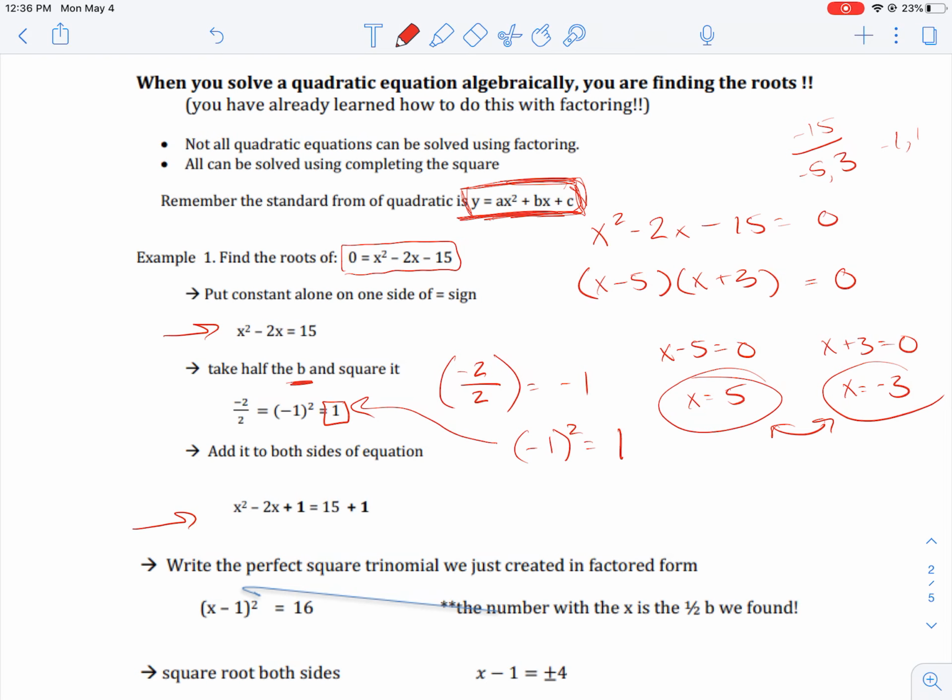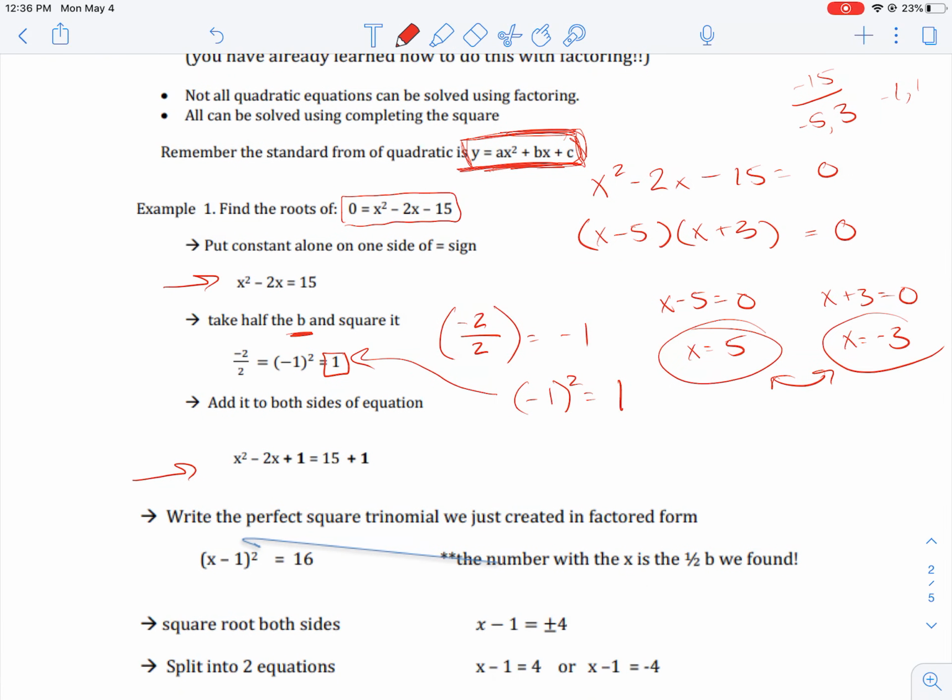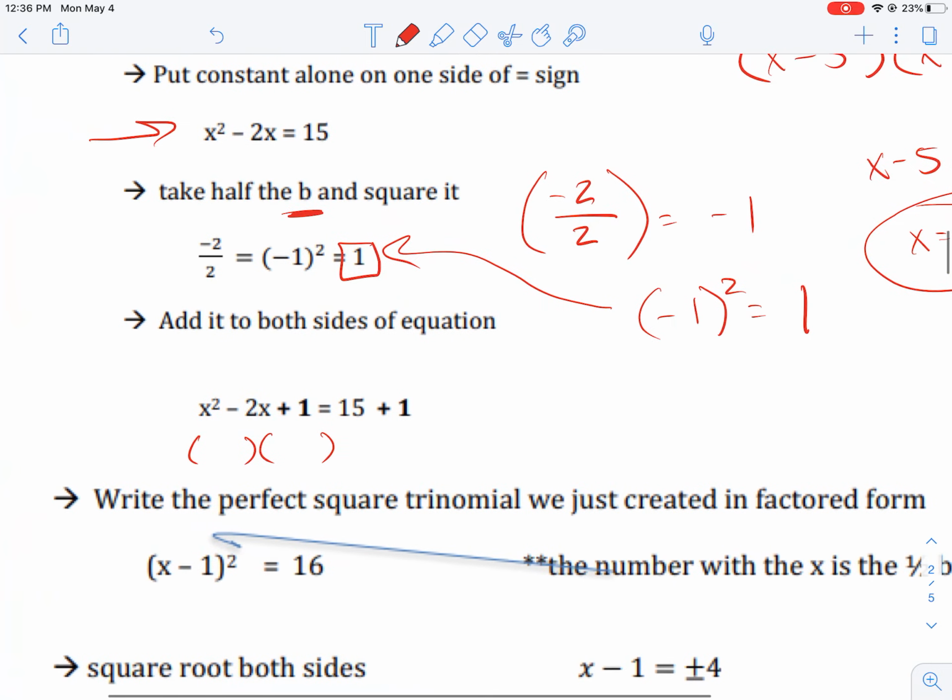Now I'm going to show you why we're doing this. If we were to factor this thing over here on the left, we'd get x minus 1 and x minus 1 is equal to 16.